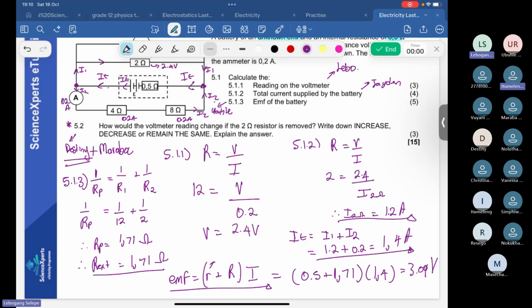I said my V external is 2.4 because in a parallel circuit the voltage is the same throughout those resistors. So I took my Ohm's law equation, V equals I times R, and that R is our R total.